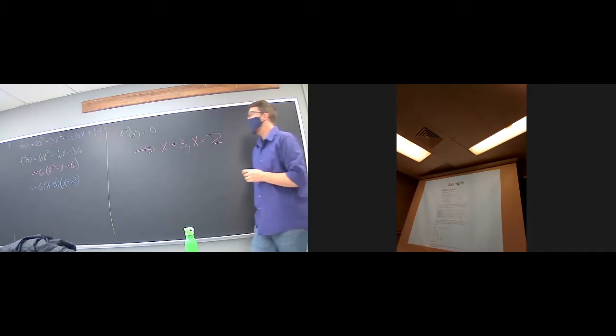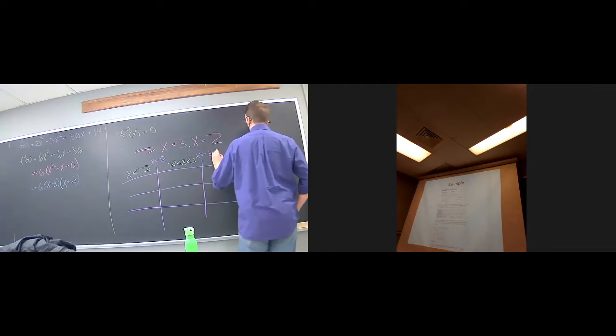Right? So now we've got our critical numbers. We're going to break up our interval from negative infinity to infinity into 3 smaller intervals. x is equal to negative 2, x is equal to 3.